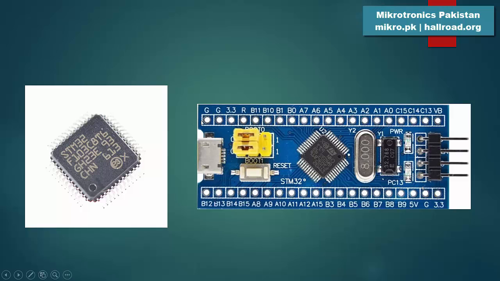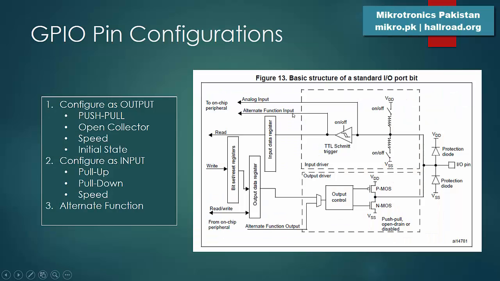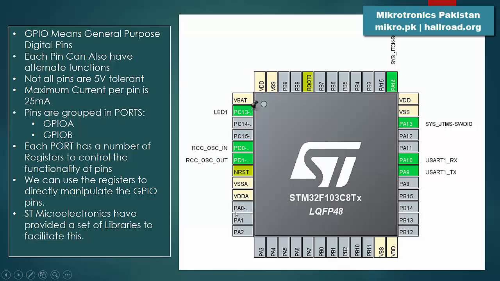These pins like G are ground pins. 3.3 is 3.3 volt, and R is the reset pin. And the rest of these are PB11, PB10, PB1, PB0. These are the same lines as you can see here.